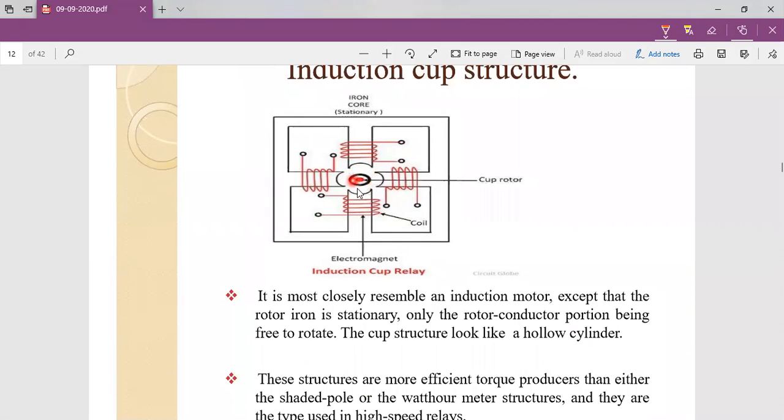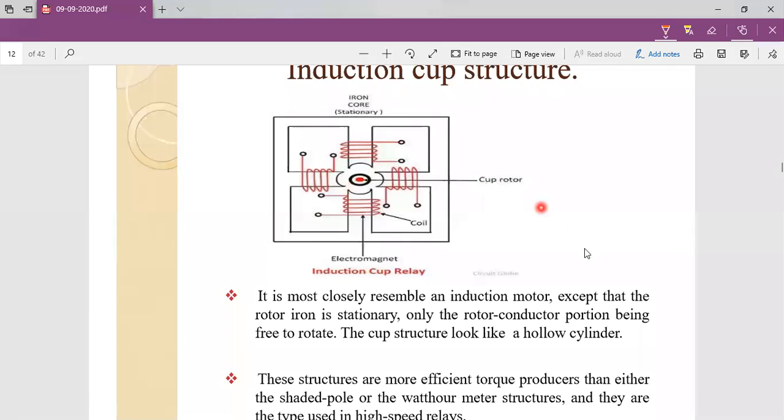The black color indicates the winding of the rotor, and the red color indicates the structure of the rotor. So the structure of the rotor is stationary, and the winding of the rotor is the movable element, that we call the cup.